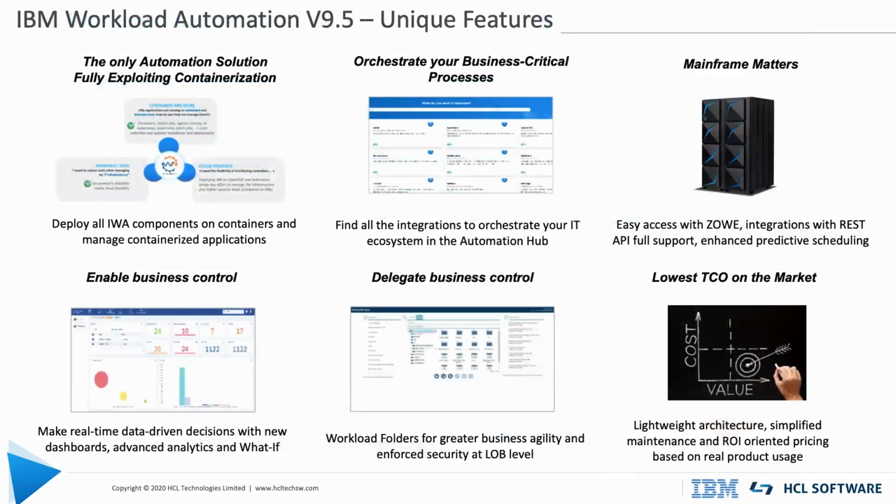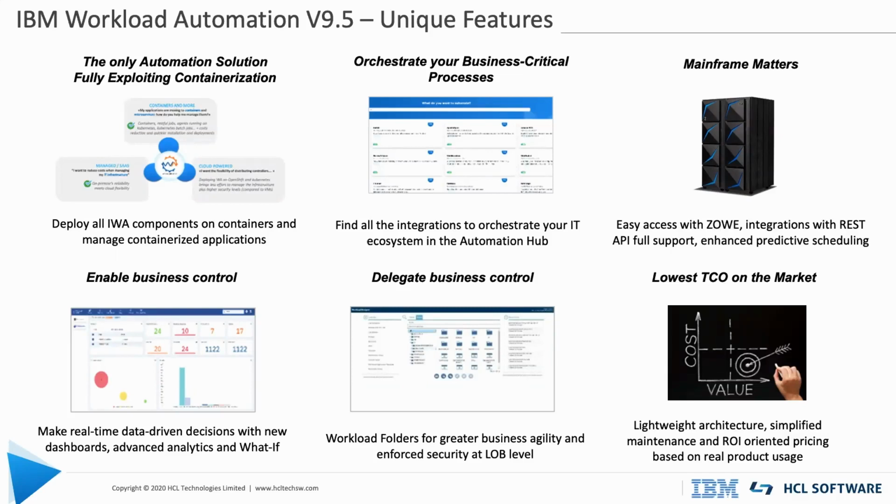A quick glance at some unique features that were developed in the most recent release, 9.5. Some of these are for the distributed components, but what is available for these distributed components is also available when used with a Z solution, with the Z engine.